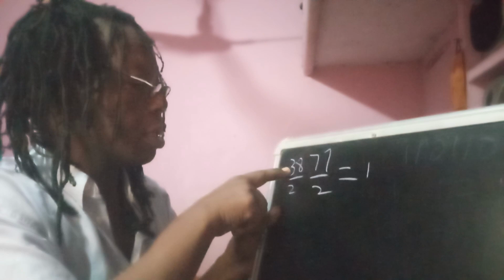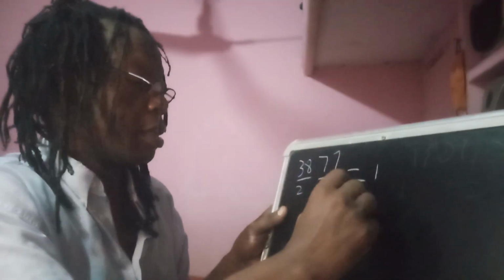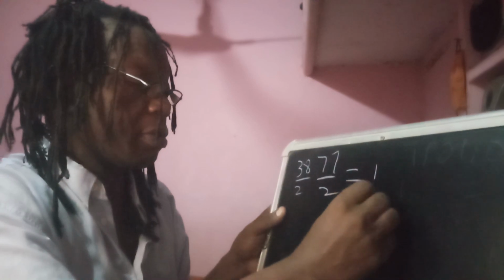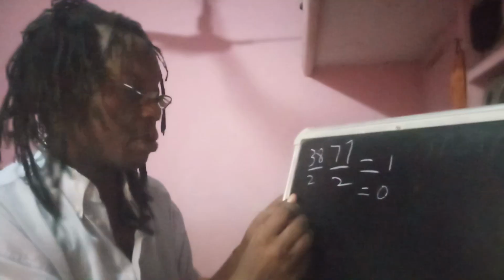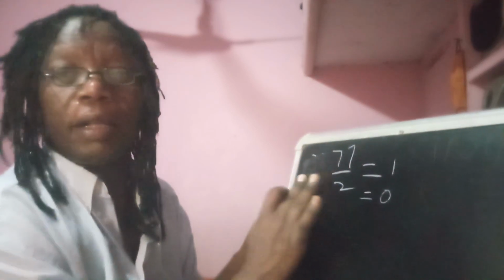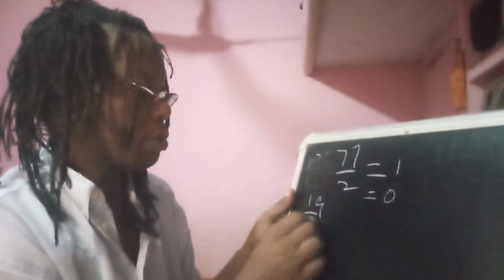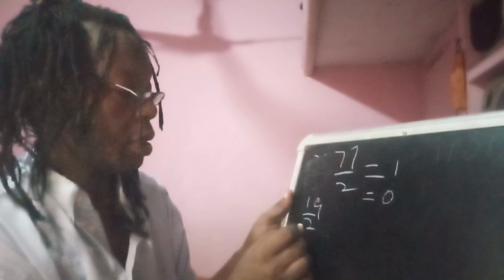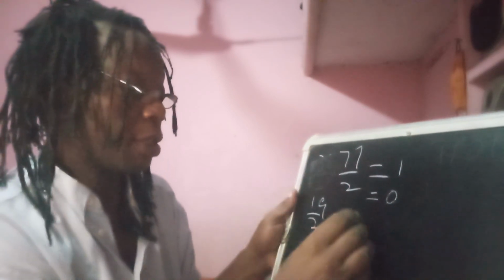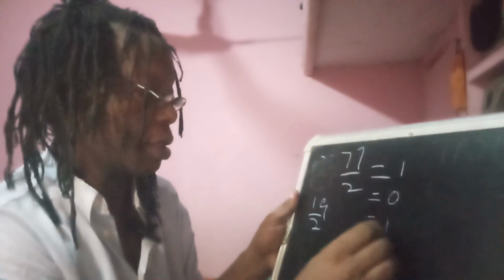This goes 19. That means we don't have a remainder here, so we have 0. Once we got 19 here, divided by 2, this will give you 9, since 9 times 2 is 18. 1 is a remainder, so we have 1.